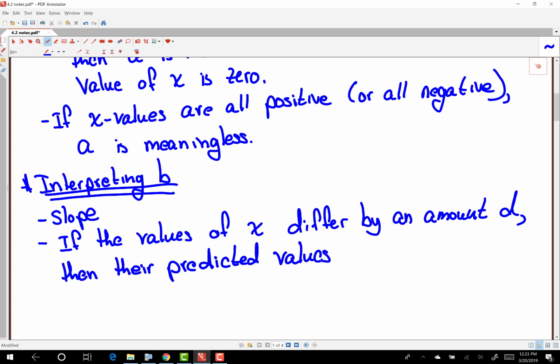We'll see this in some examples. They will differ by b times d.